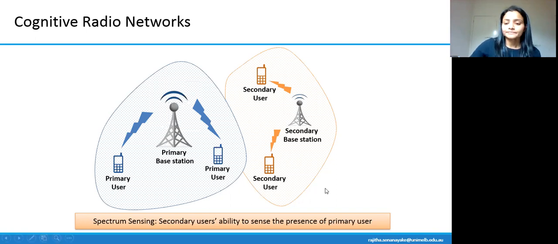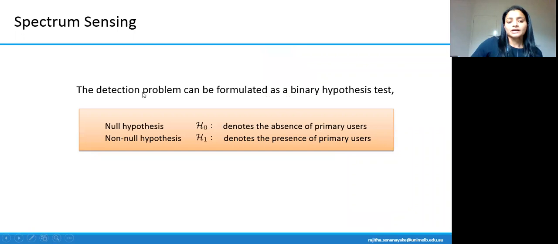We can formulate this spectrum sensing as a binary hypothesis test. The null hypothesis denotes the absence of primary users, and the non-null hypothesis denotes the presence of primary users.